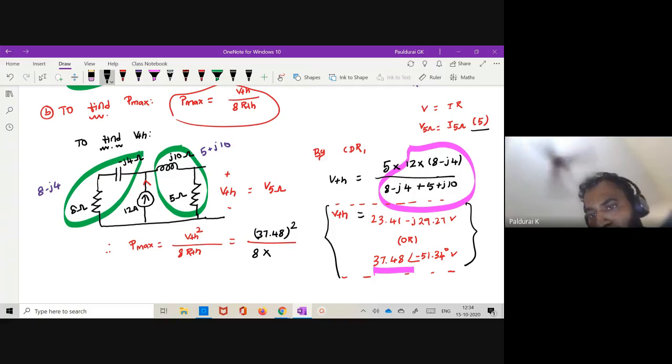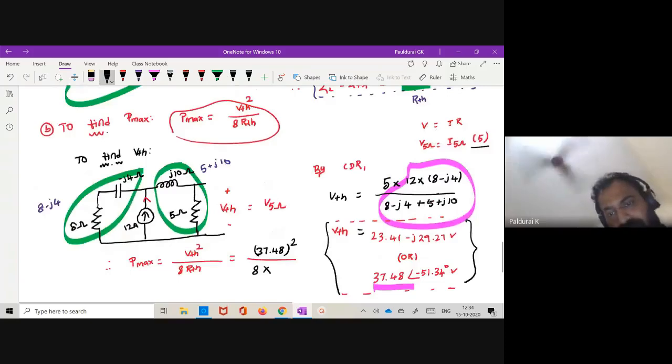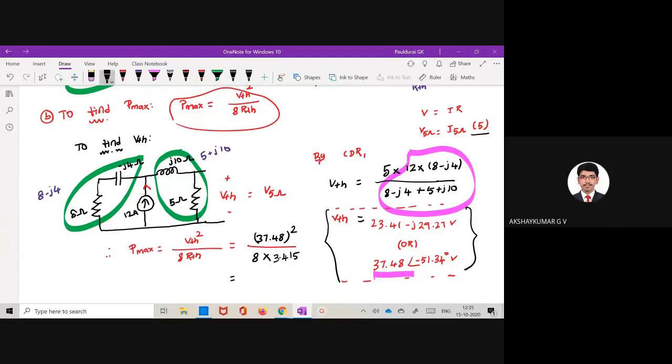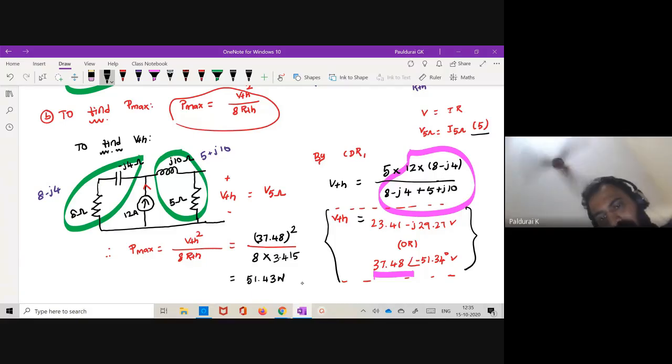As I told earlier, RTH is the real part of the load, it is 3.415. What is this value? 51.43 watts. Yeah, it's correct.